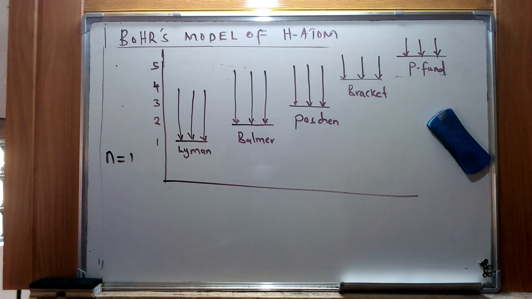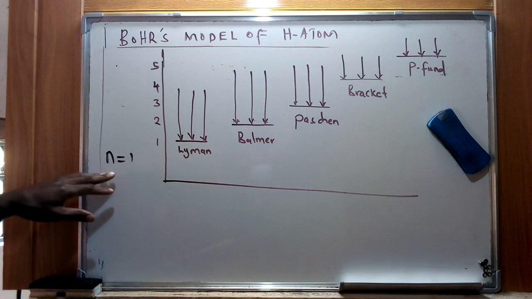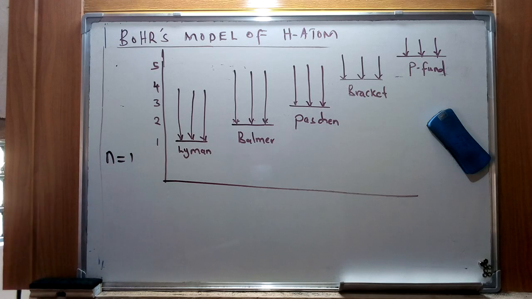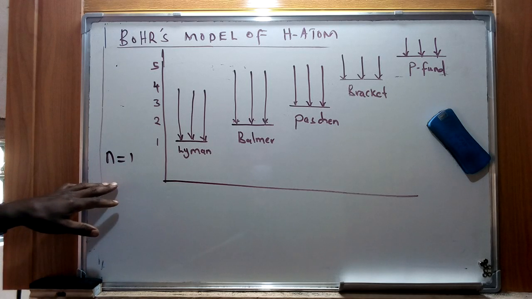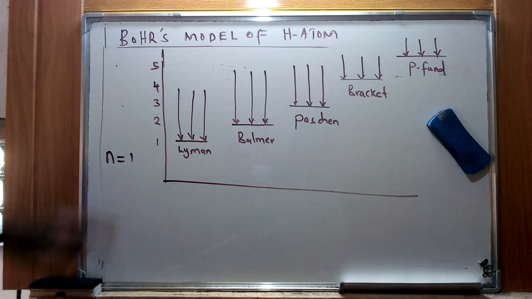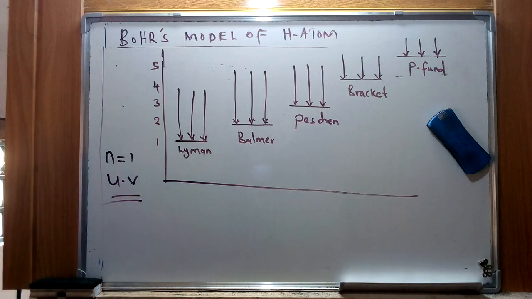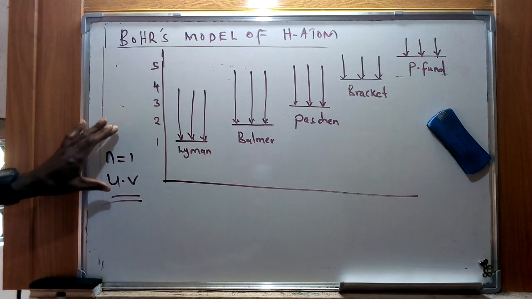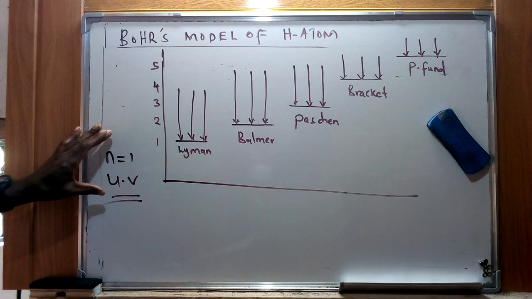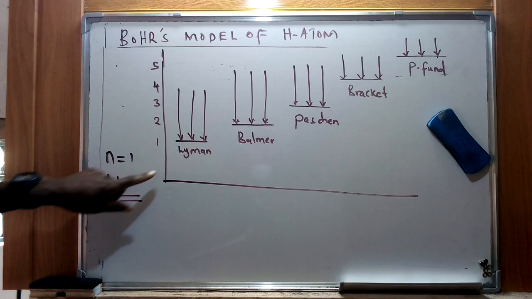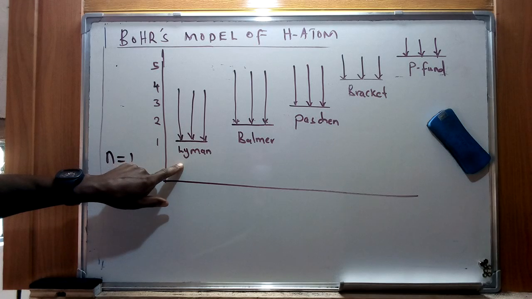For the first one, it's going to be given as N1. The series of lines formed by a transition to N1 are found in the ultraviolet region of the spectrum, the UV region, and they are referred to as the Lyman series, which forms the first series of these specific lines.